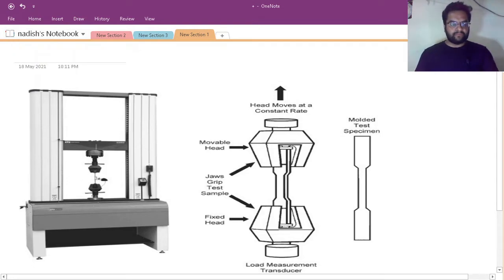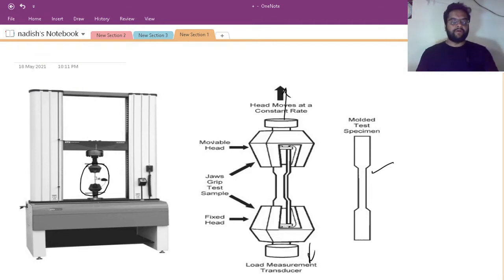And here we fix our specimen like this, and this machine pulls in this direction, and then tension is developed in the internal parts of this specimen, and we get the values. It is done to record the amount of deformation in the specimen and to reveal the proportionality of the material.